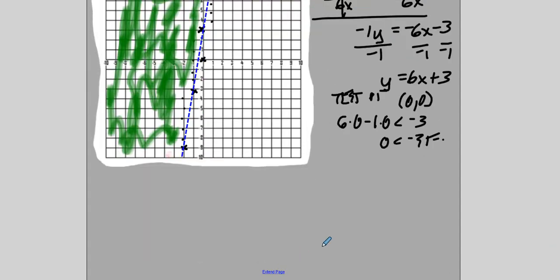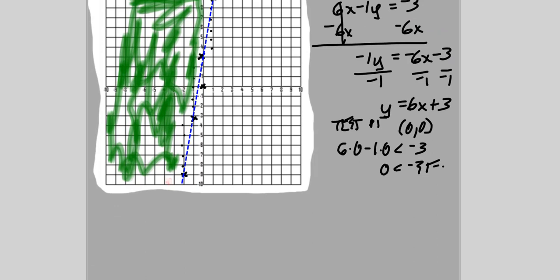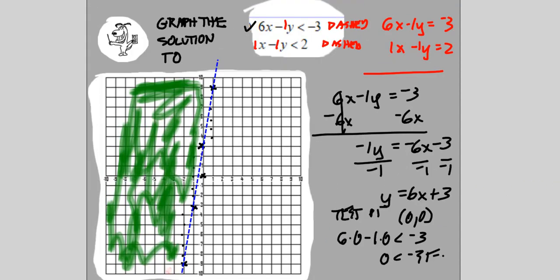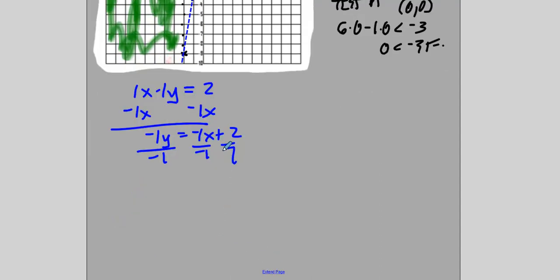Alright, so now let's do the other one, which is 1x minus 1y equals 2. Solving this for y, I have to subtract 1x from both sides. I get negative 1y is negative 1x plus 2. Divide by negative 1. And I get y equals negative divided by negative is positive, 1x, positive divided by negative is negative, I get 1x minus 2.